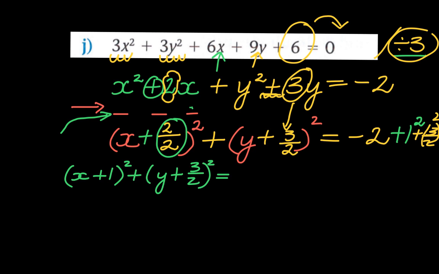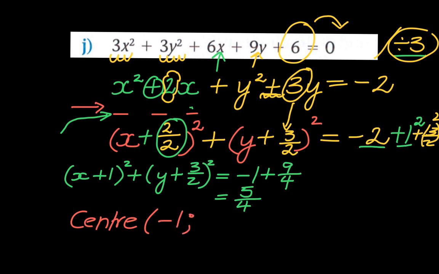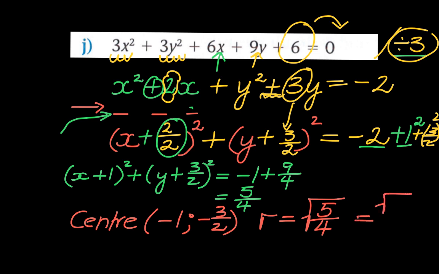And here we've got minus 2 plus 1, which is minus 1, plus 9 over 4. So we get on this side 5 over 4, which means that the center of my circle has coordinates minus 1 and minus 3 over 2, and it has a radius of square root of 5 over 4, which is square root of 5 over 2 in the simplified form.